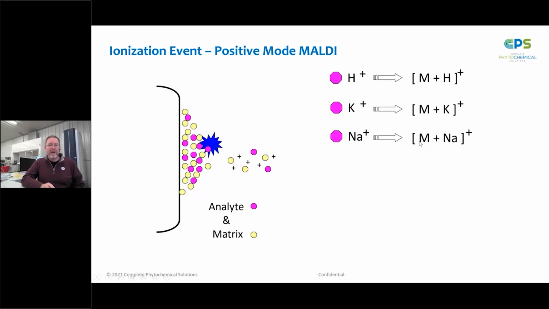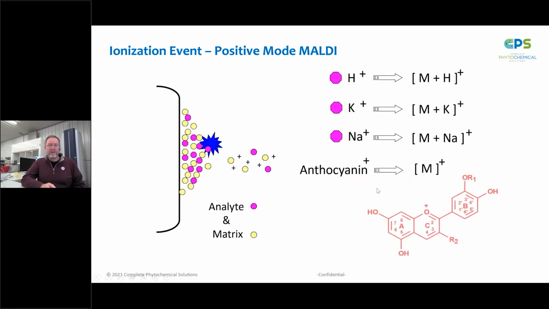It's the mass of the molecule plus the ion adduct that is present. And just a reminder, here's the structure of an anthocyanin that can be flying as its own unique charge because it is inherent in the properties of the molecule. So anthocyanins are detected only as the mass of the compound themselves.